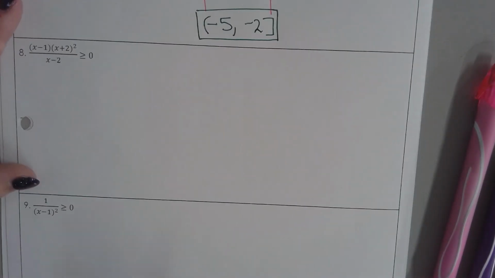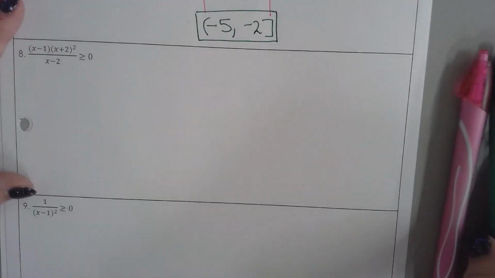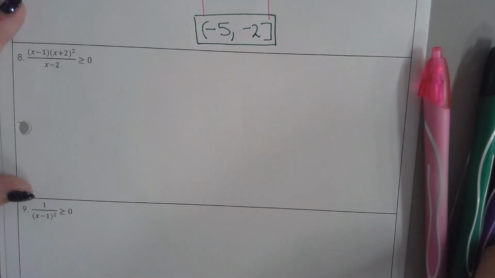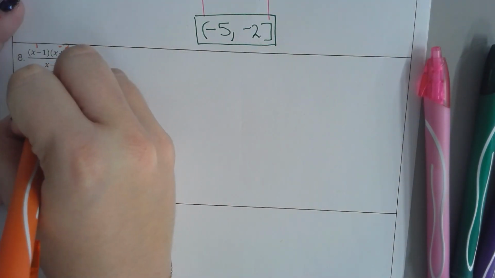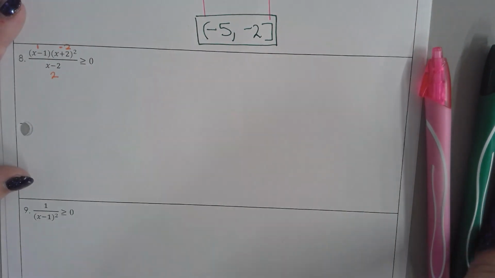Almost done. All right, number 8. Everything is factored. So I've got a 1, a -2, and a 2 to go on my number line.